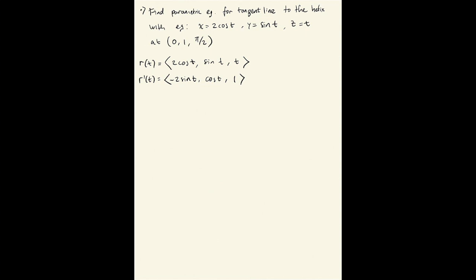We need to find the tangent vector, which is when we plug in some value. Which value? From this point, we see that our t is pi over 2, from z equal t. Our point is 0, 1, pi over 2, right? So we can plug in t equal pi over 2.